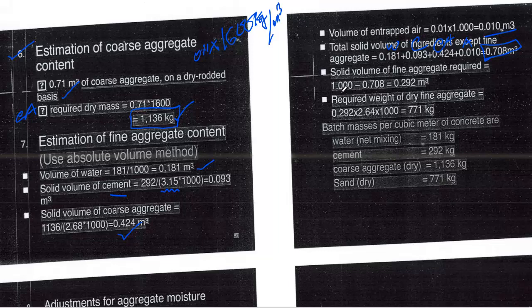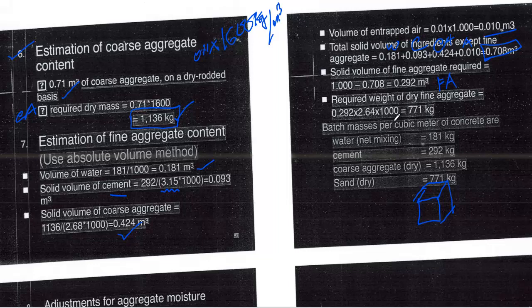So in terms of 1 meter cube, you just reduce this volume, and you get how much fine aggregate you need to add in 1 meter cube. Then you get the unit weight, and you can calculate the actual mass.